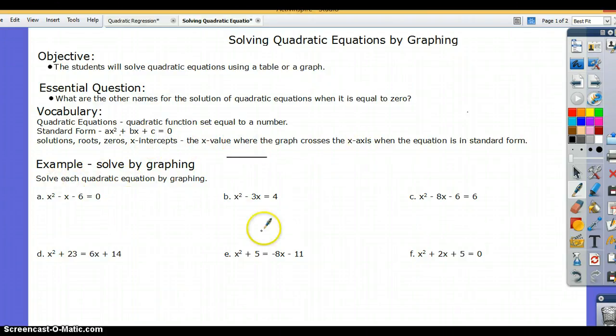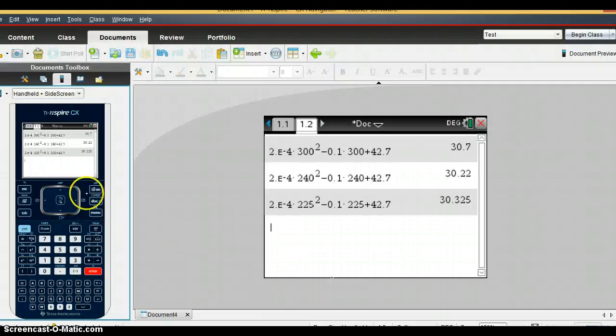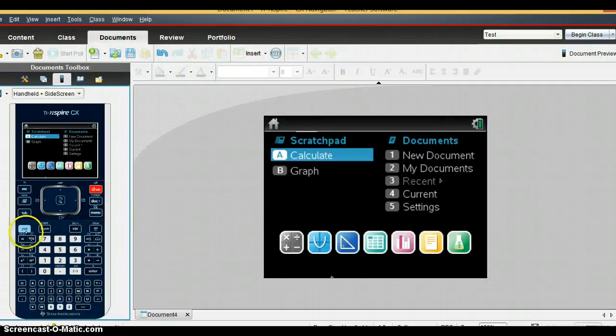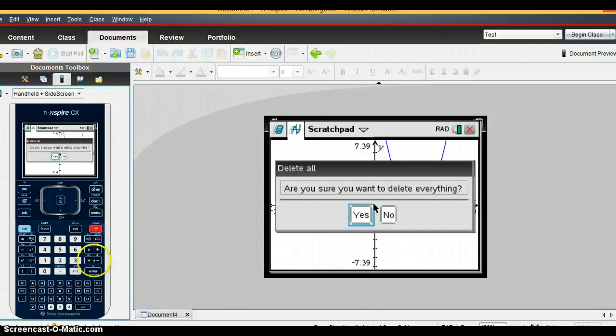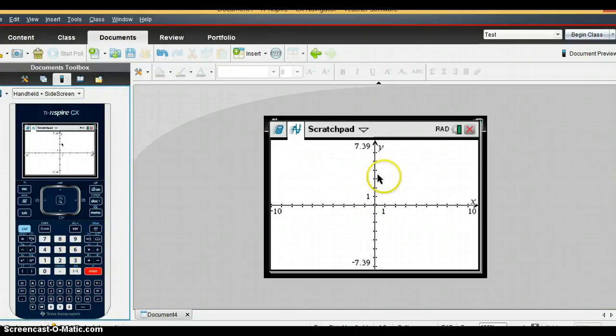So we want to solve each of these by graphing. So x squared minus x minus 6 equals 0. So this is in standard form, so we can graph it and get the solution. We go back to our graph, clear what we have in there. Alright, so now that we got everything cleared, we're going to start entering.